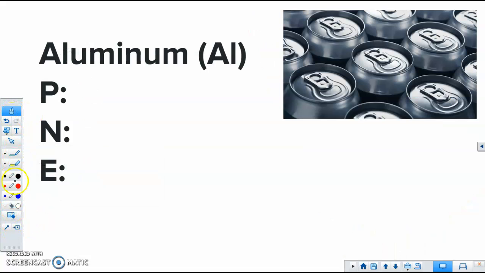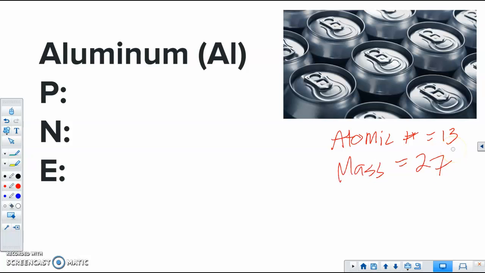For instance, let's use aluminum. If you locate aluminum, Al, on your periodic table, we see that its atomic number is 13, and its mass is 27. We know the number of protons because it's always the same as the atomic number.